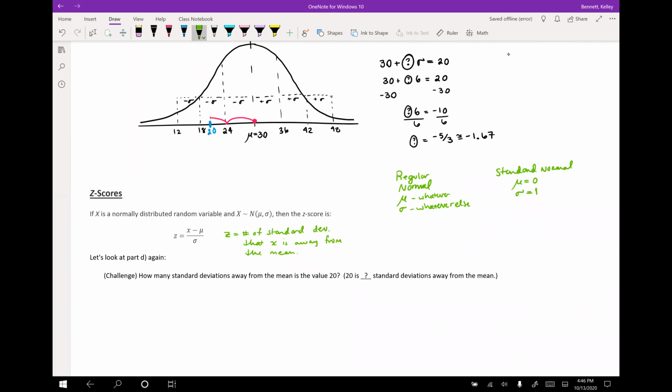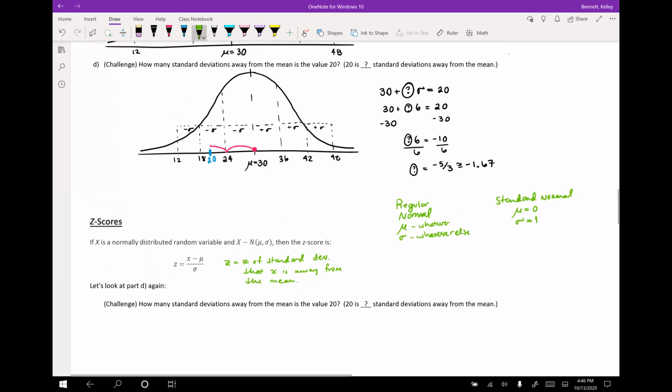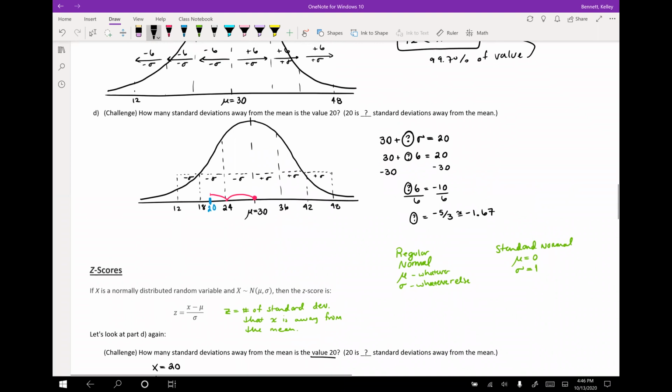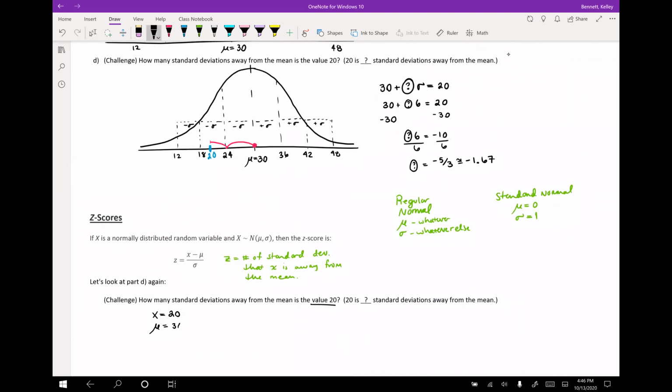So let's look at example D again from the previous. We asked how many standard deviations away from the mean is the value 20. Like 20 is blank standard deviations away from the mean. That's what we're trying to answer. We knew that x was equal to 20, which was given. For our problem, mu was 30 and sigma was given to us at 6.